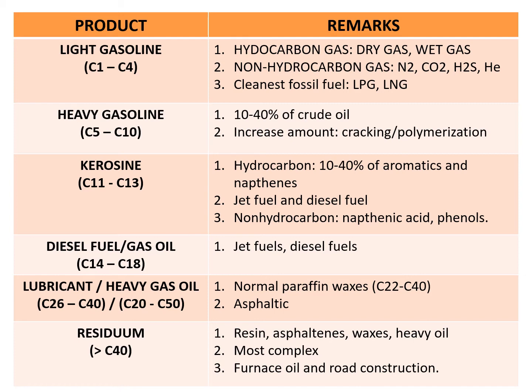Hydrocarbon gas here refers to dry gas, that is methane, and wet gas, that starts from carbon 2 and up. The non-hydrocarbon gases are nitrogen gas, carbon dioxide gas, hydrogen sulfide gas, and helium gas. Natural gas is regarded as the cleanest fossil fuel.